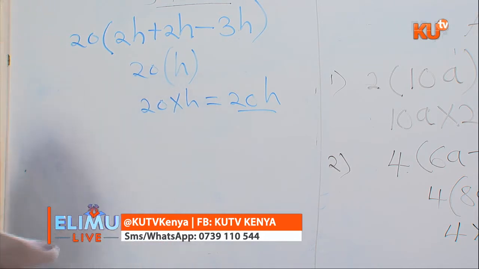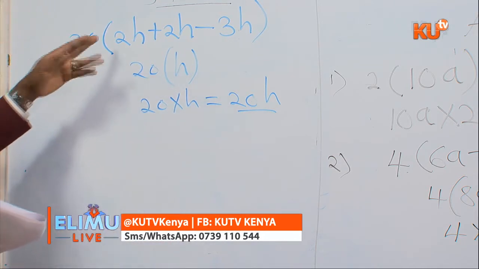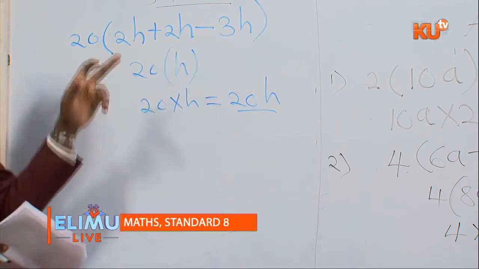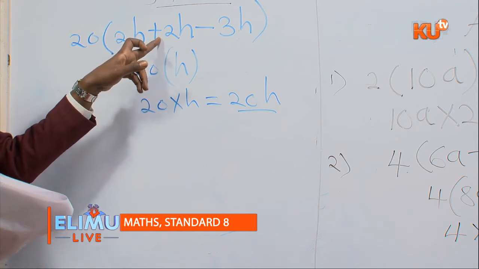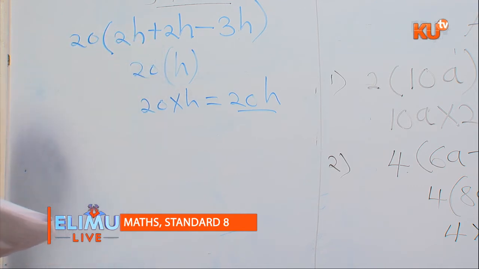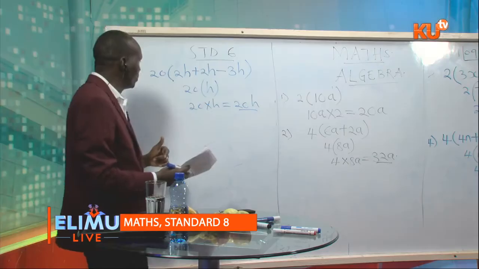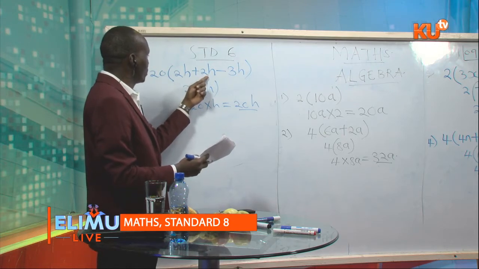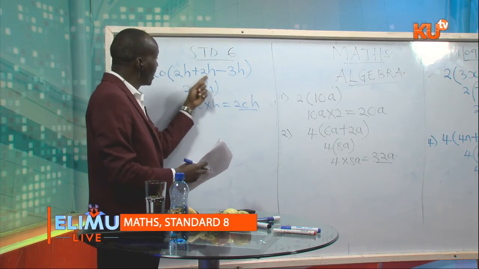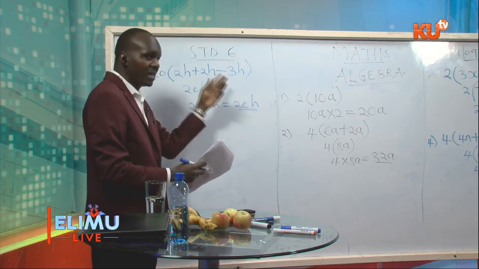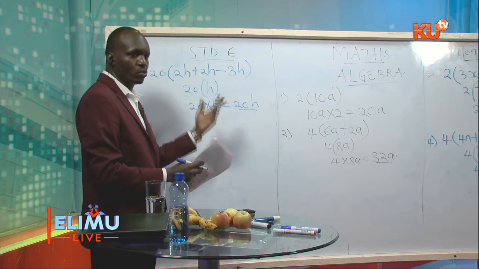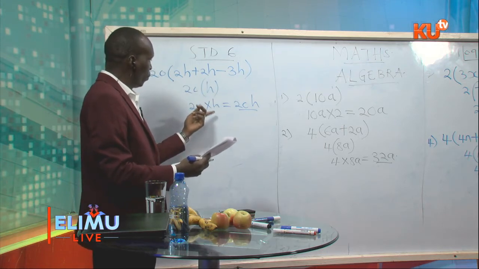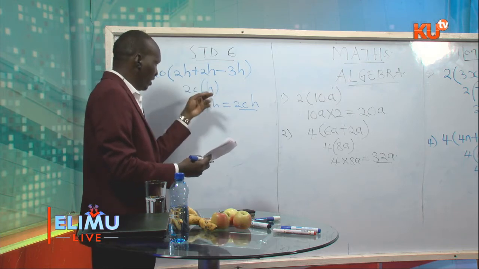Here we have 2h plus 2h, take away 3h. Here the terms are alike, and when the terms are alike, we work it out straight away. 2 plus 2, we get 4h. 4h, take away 3, we get 1h, and if the answer is 1, we simply write the alphabetical letter h.